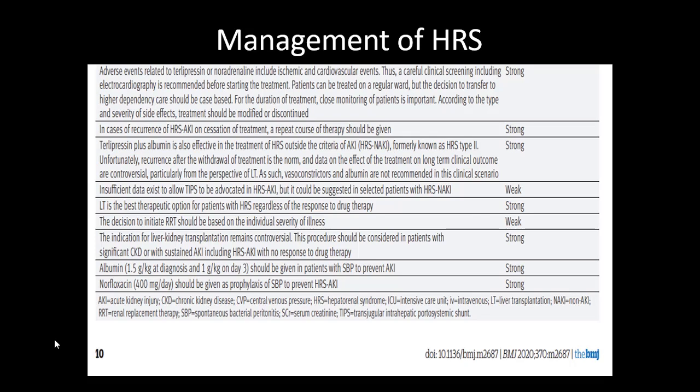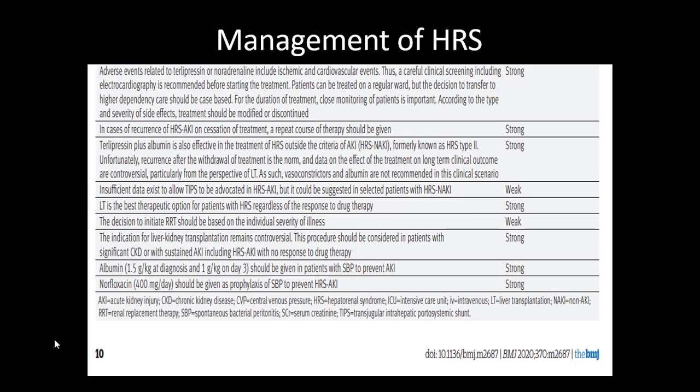So select your patients carefully, especially patients who have a history of cardiac events. Once a patient is on terlipressin, you should be very vigilant about the plethysmograph. If the pleth is not coming, the waves are not nice, you should suspect terlipressin overdose.